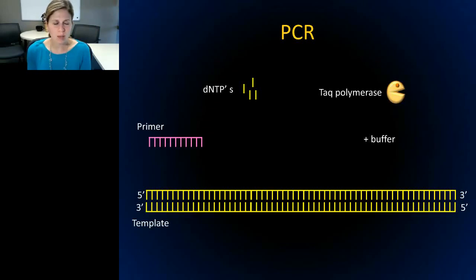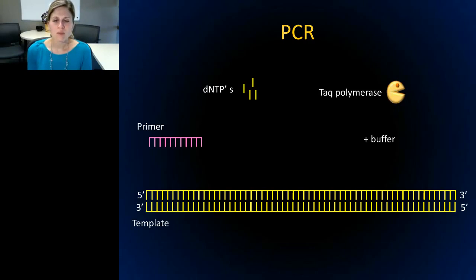How these images came about is through a polymerase chain reaction, or a PCR, in which the sequence that is to be identified must be known, and we consider that the patient's template, their DNA. There have to be primers involved, dNTPs, the individual A's, T's, C's and G's, Taq polymerase, and certainly some buffers.